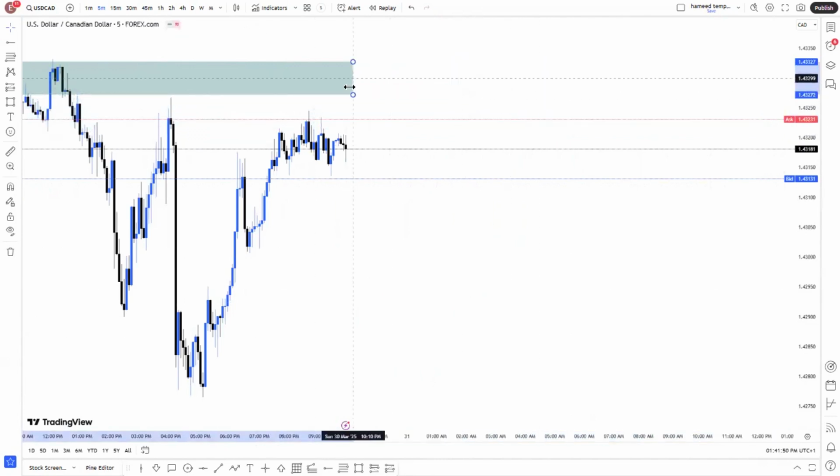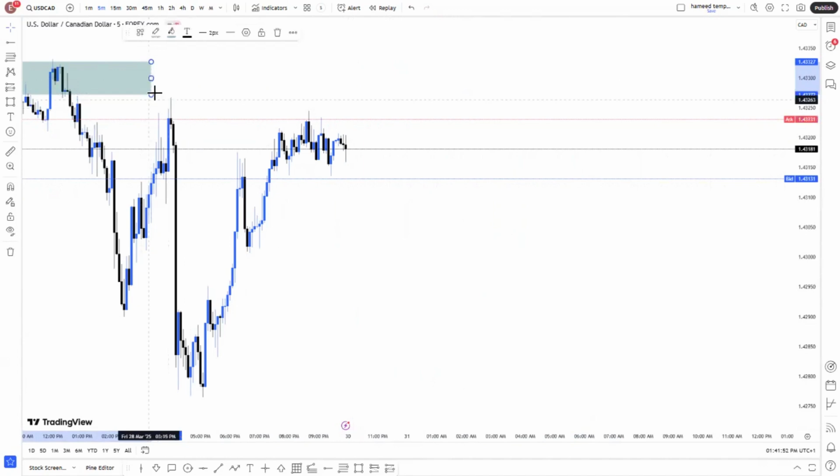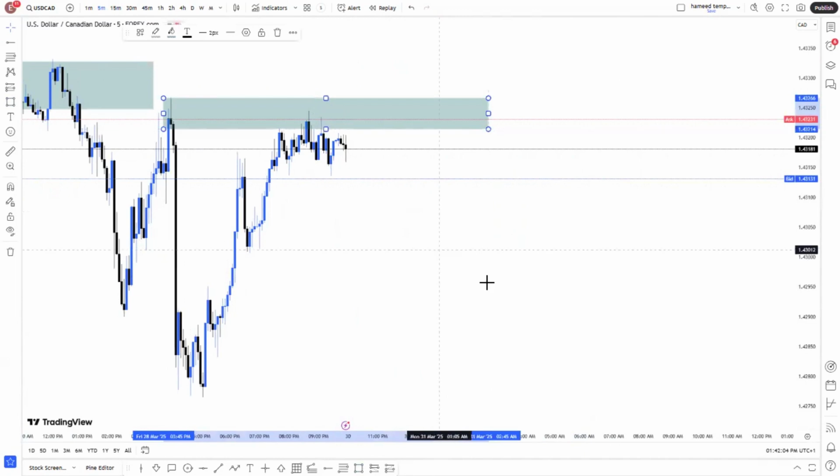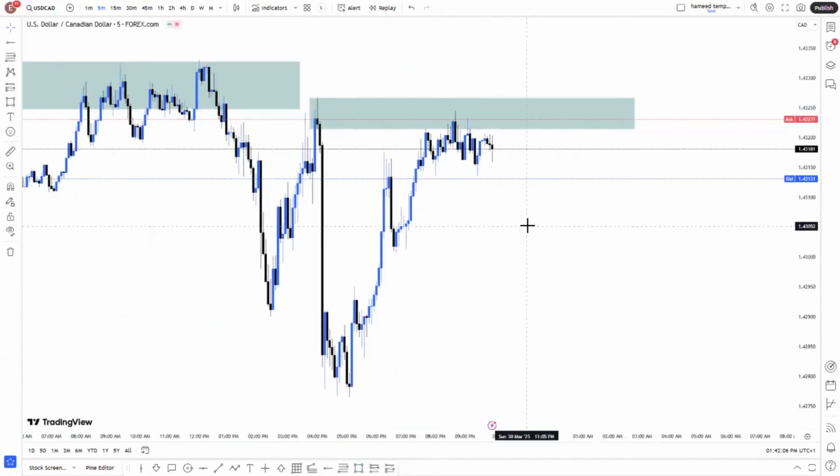On this 5 minute time frame, the market is there already. So I will be waiting for this equal low here to be swept, and when this equal low is swept, I'll be waiting for the market to join.